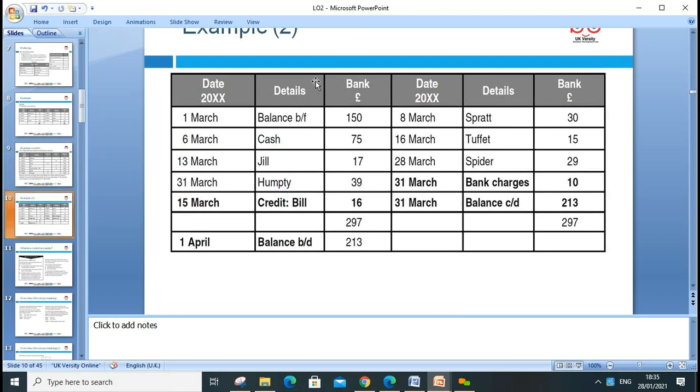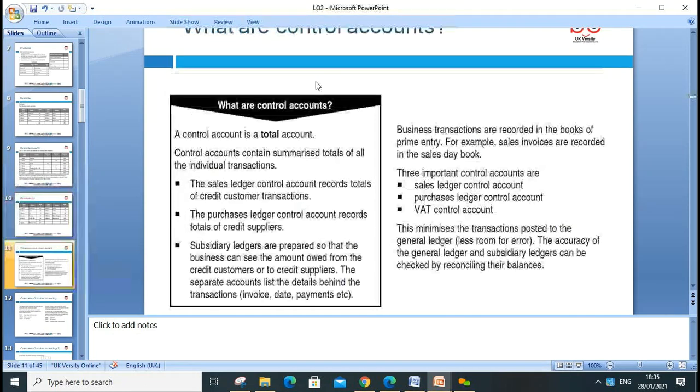So I'm doing the cash book balance first. My cash balance went up by 16 pound. And the bank charges of 10 pound weren't recorded. Now my new balance in the cash book is 213 pound. Any question? No, it's clear. My bank balance and my cash book balance should be equal afterwards. That's the way we need.